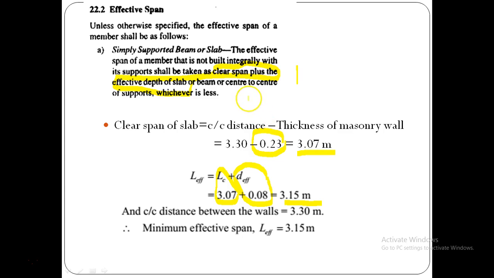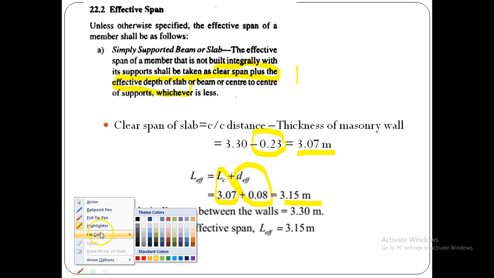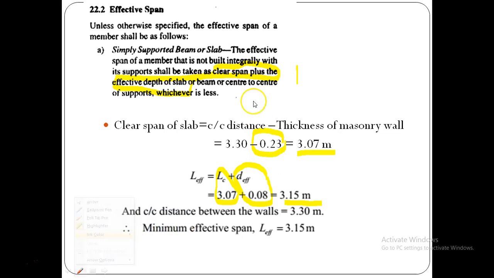Now the second case says center to center distance between support. So this is case number 2.